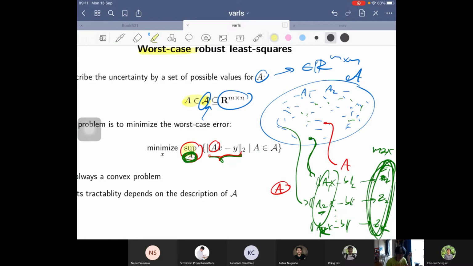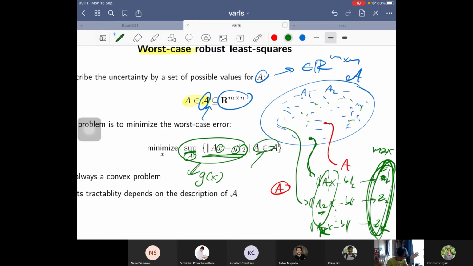When you take the supremum over A, you can think of x and y as fixed, as given. As you vary the choice of the matrix A from the uncertainty set, which A is going to give you the worst case norm? That is the process of taking the supremum over A.